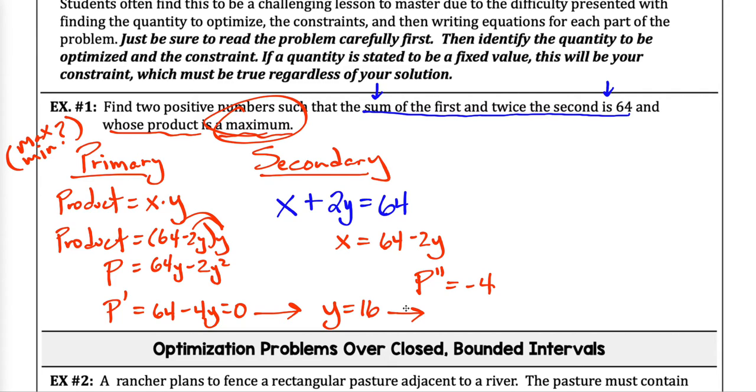Negative concavity would look down. So that means anything with a negative concavity that's a critical number would be a max. Max at y equals 16. And our reasoning is that y double prime of 16 is less than 0.